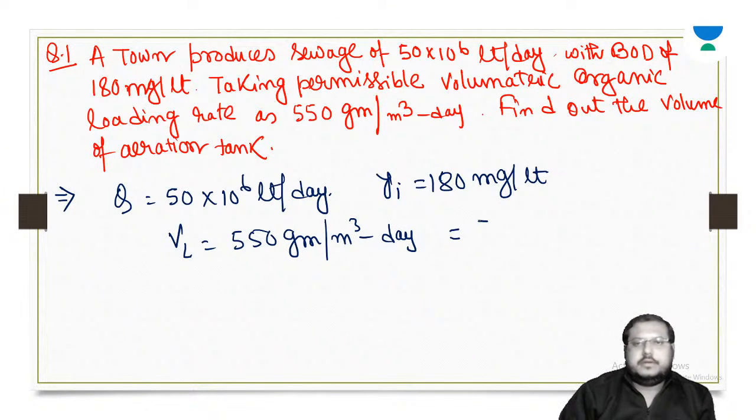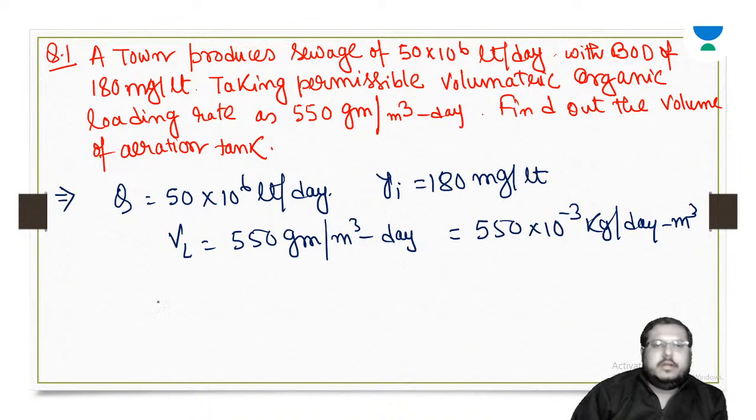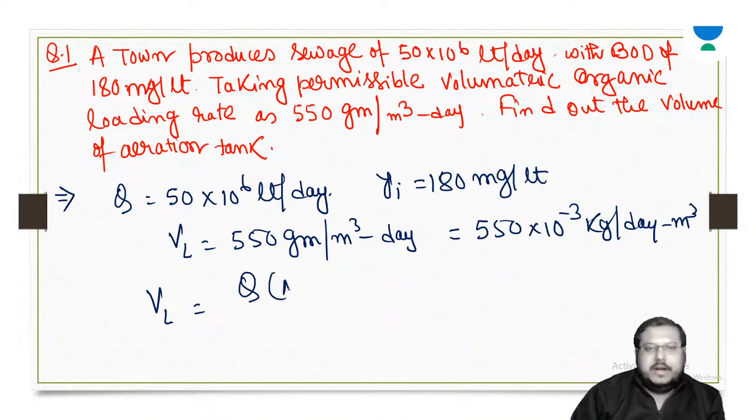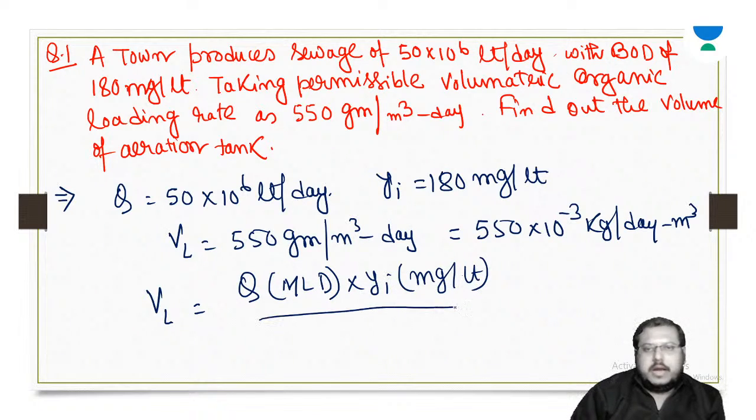So that is 550 into 10 to the power minus 3 kg per day meter cube. For VL, Q has to be in MLD, YI will be in milligram per liter, and V should be in meter cube.